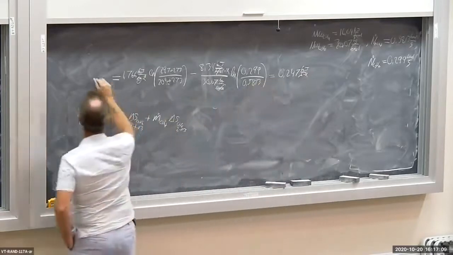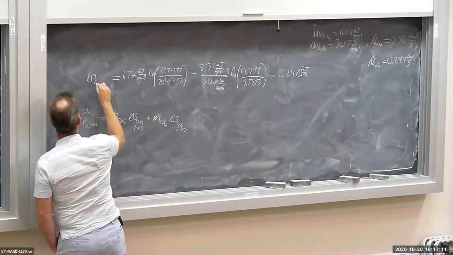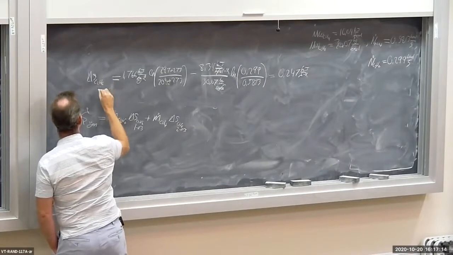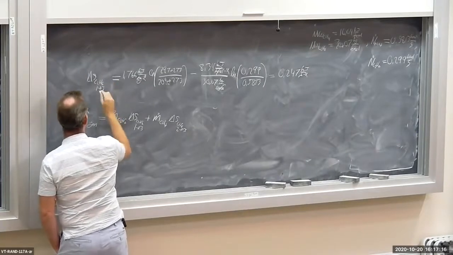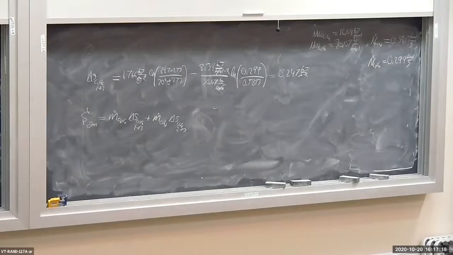That's delta S of the C2H6 from 1 to 3. I'm sorry, 0.240, not 7.